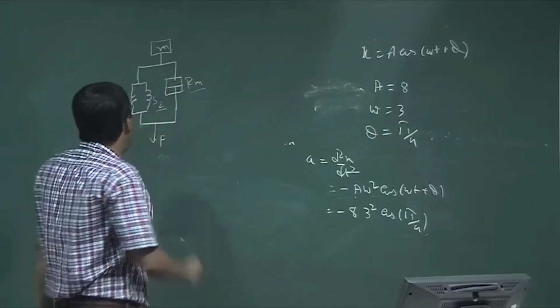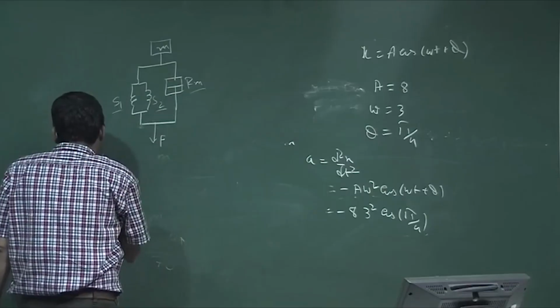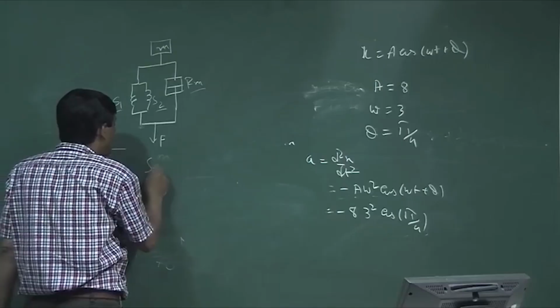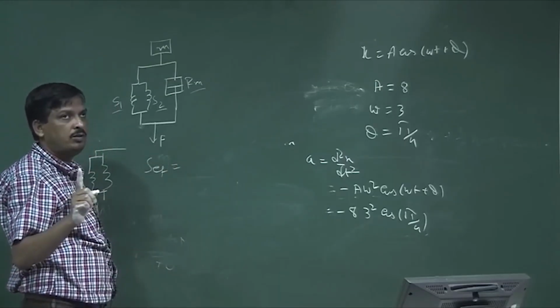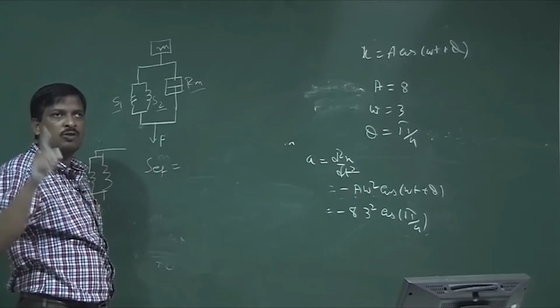So, what I said is that if two springs are in parallel, what is the S effective? If two springs are in series, it is 1 by S1 plus 1 by S2.